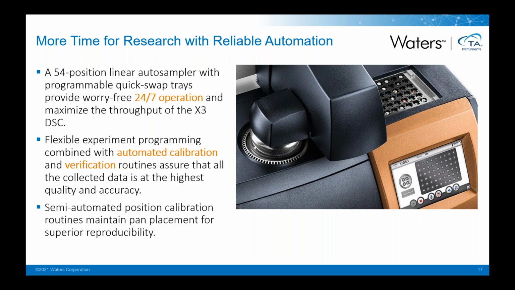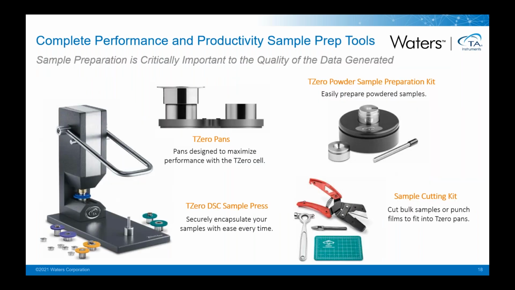Calibrating the autosampler position so that it maintains accurate placement of those pans is critical. And so we've developed some routines to do some of those things automatically, so you have more time away from the instrument and don't have to burden yourself with standing in front of it.